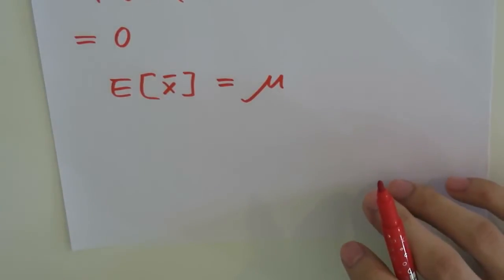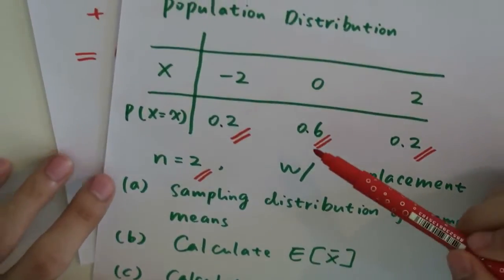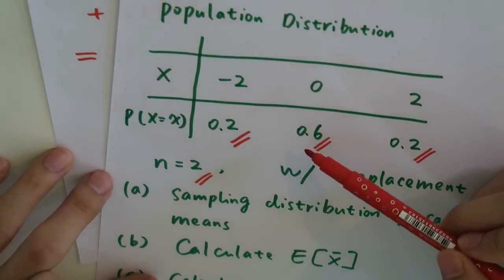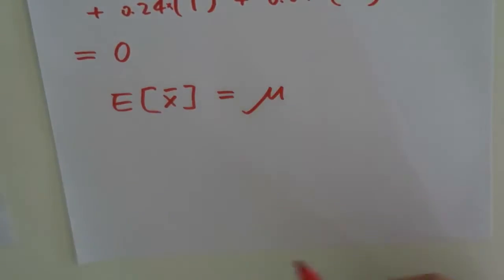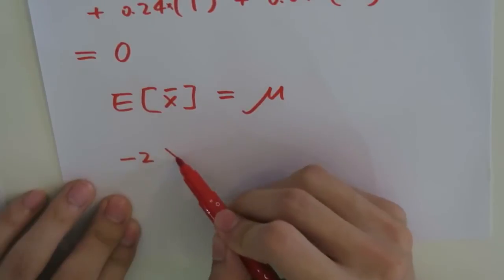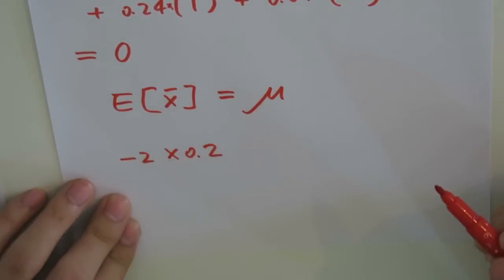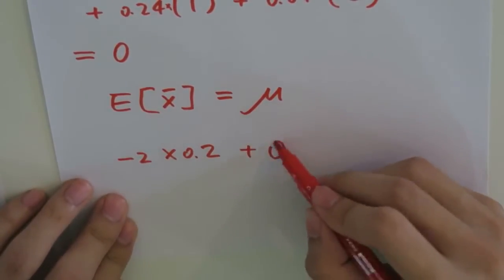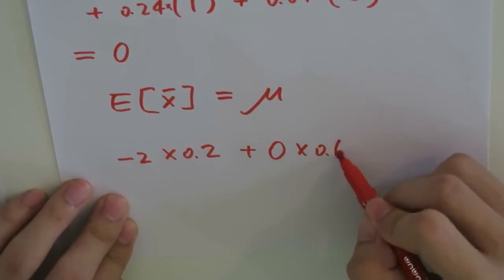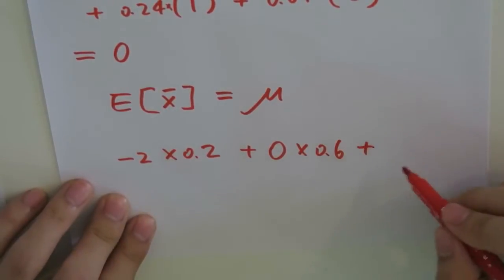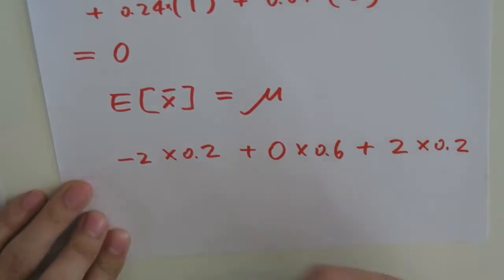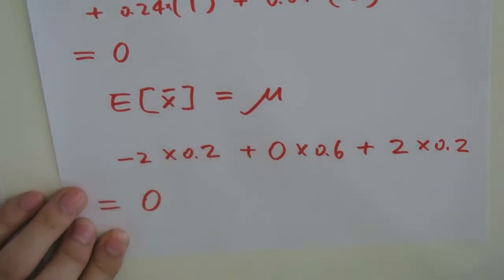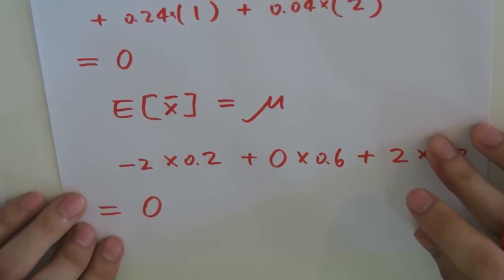Okay, so in the same way, discrete random variable probabilities, so minus 2 times 0.2 plus 0 times 0.6 plus 2 times 0.2, it is equal to 0.